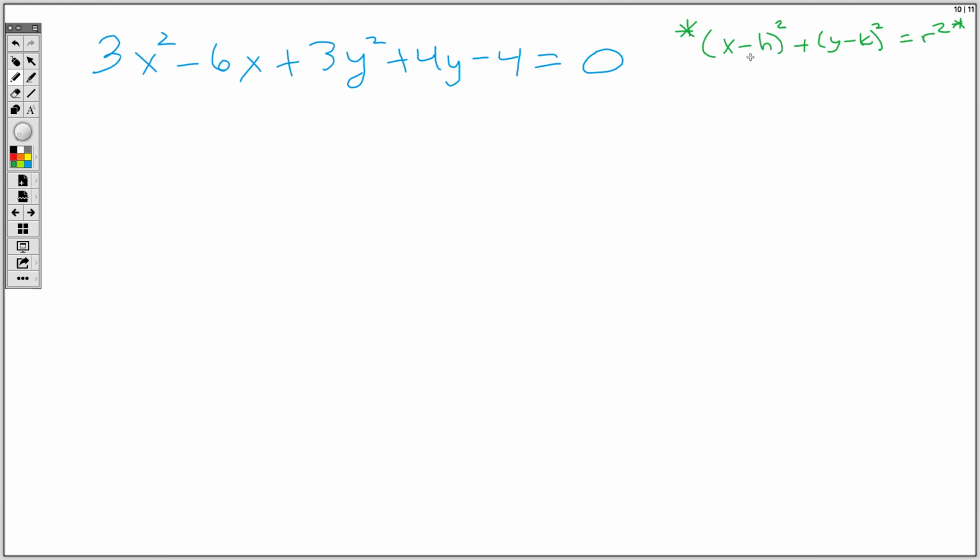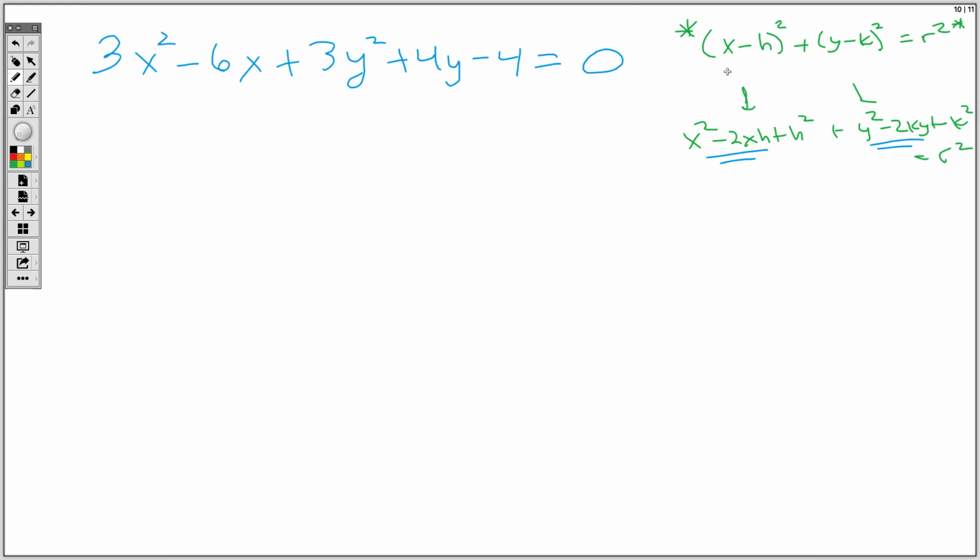However, if you took the time and multiplied these things out, you would have x squared minus 2xh plus h squared, plus y squared minus 2ky plus k squared, equals r squared. So you can see that if you multiplied stuff out, you would get x squareds, x's, y squareds, y's, and a bunch of constants.